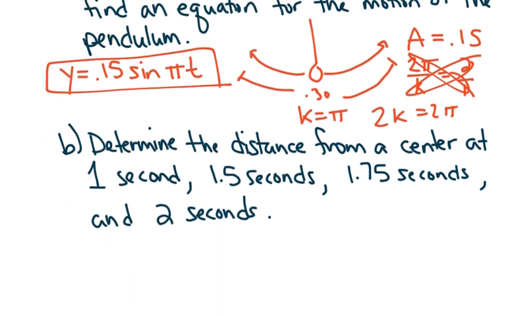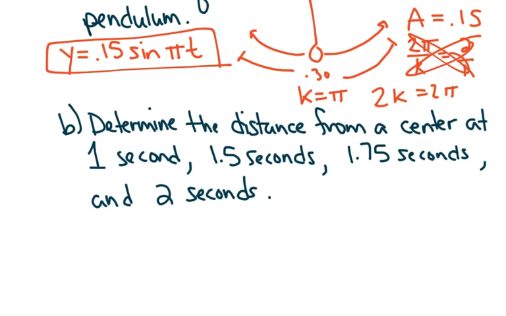So in part B, I can determine the distance from the center at 1 second, 1.5 seconds, 1.75 seconds, and 2 seconds. Remember that you're not going to do this in your calculator unless you are in radian mode.